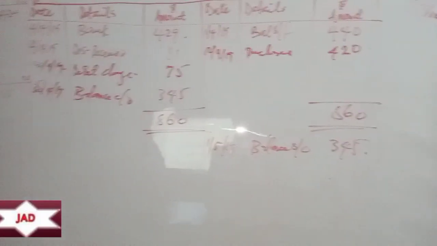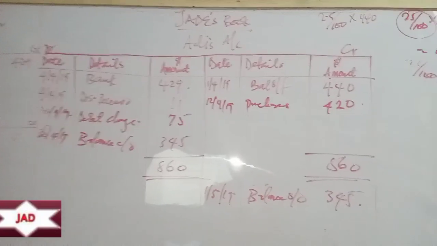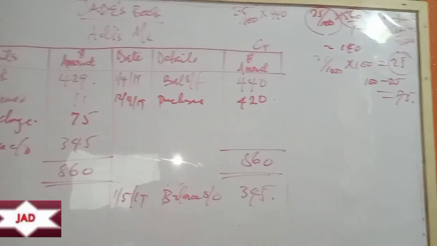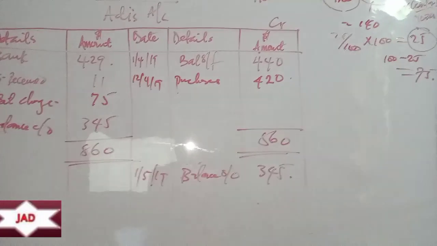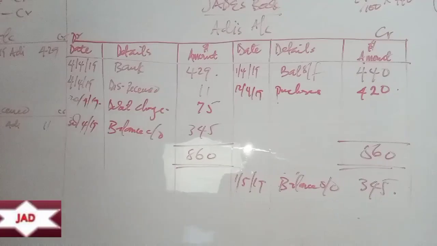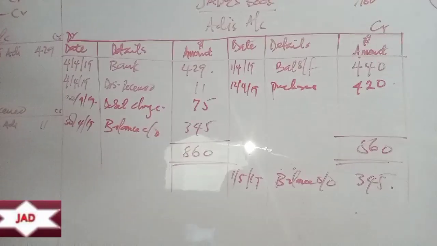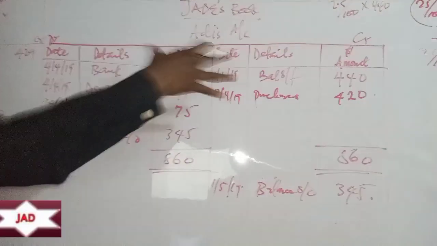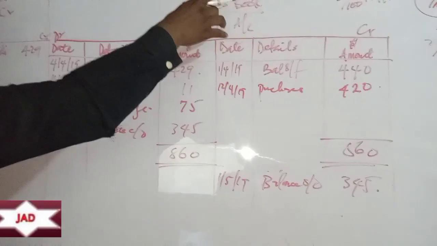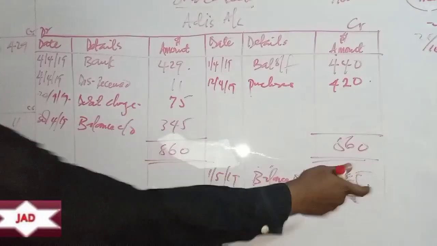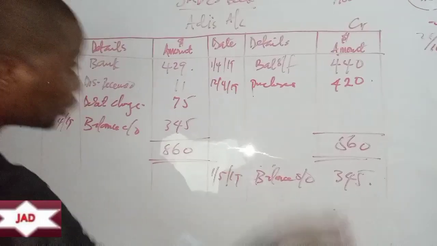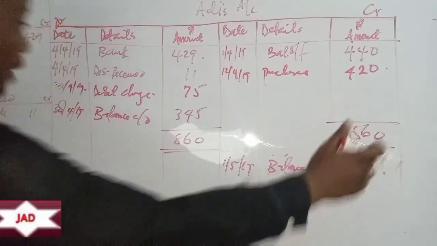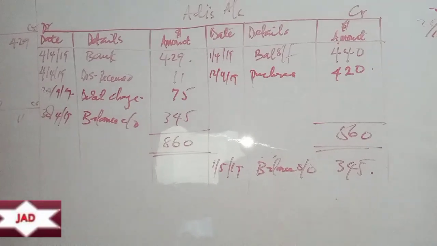So what this means is that by the end of April, which is also the beginning of May, Adi is being owed 345 by Jade. That is in Jade's book. Jade is indebted to Adi to the tune of 345, or Jade is owing Adi 345. So that is it for that.